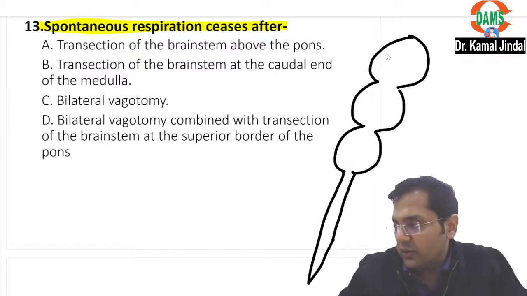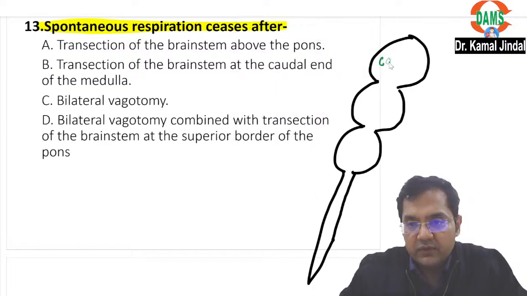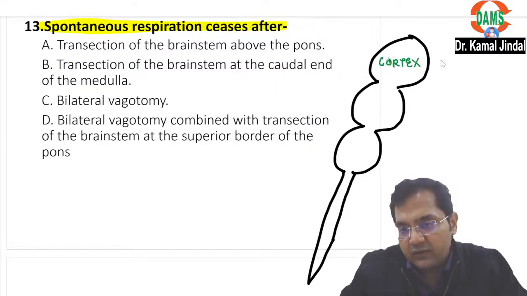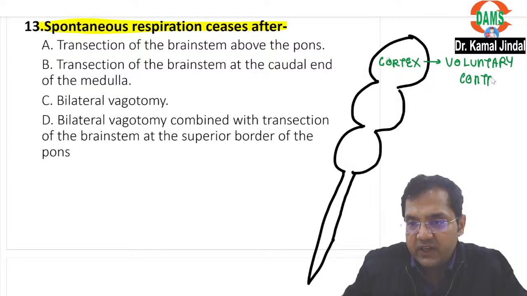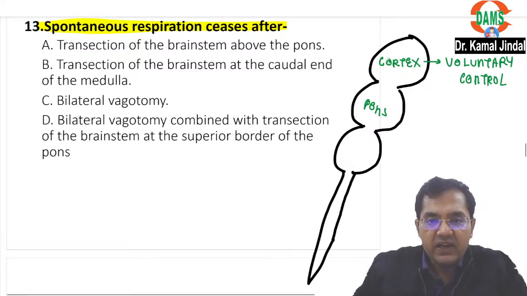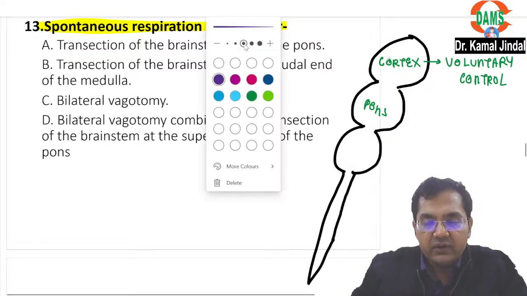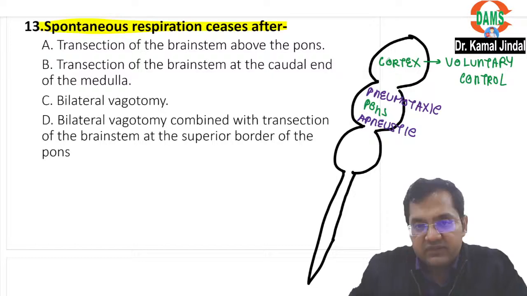So remember, this is the cortex which has mainly the voluntary control on your respiration. Then this is the pons where we have two centers, apneustic and pneumotaxic. Then we have the medulla.